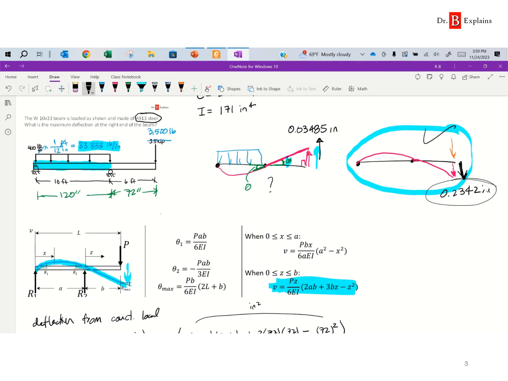So we're going to take 0.2342 minus 0.03485, and the number that we get is 0.1994 inches, right? Because this number is bigger, that direction wins, so we can say that the deflection at the right hand is going to be almost 0.2 inches in the down direction.